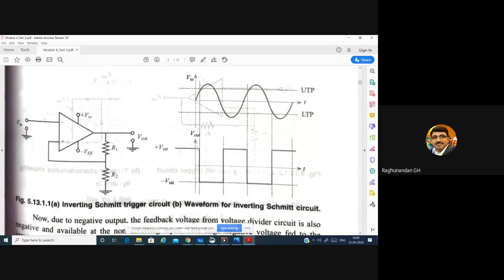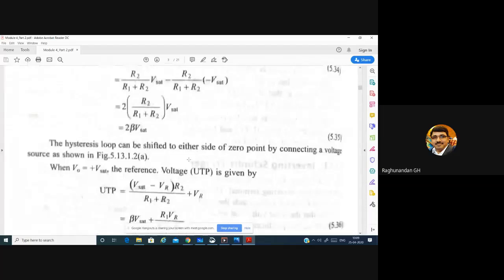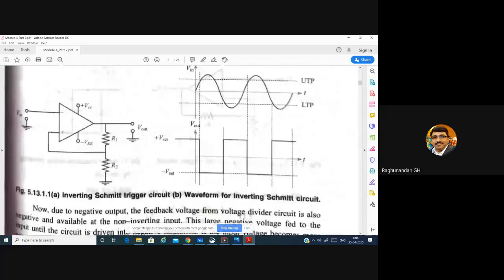But now, if I am going to fix some particular threshold value, I'll be adding some reference voltage plus VR. I don't want only to swing between plus VSAT and minus VSAT. I want to swing it between some particular level voltage, say 3 volt and minus 2 volt.